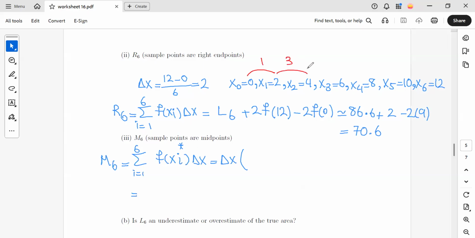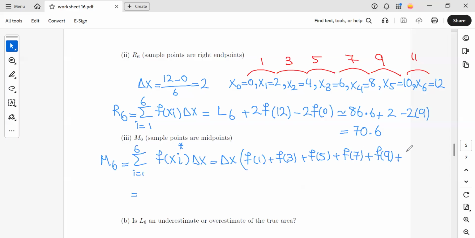Between these two is 3, 5, 7, 9, and 11. So we are going to use these red numbers in order to use the midpoint formula. So we would use f of 1, f of 3, f of 5, f of 7, f of 9, and f of 11.